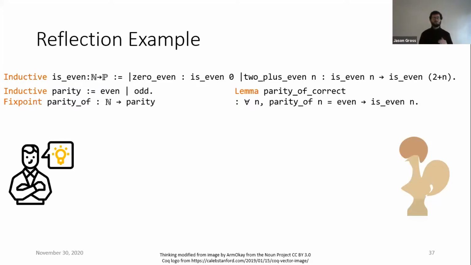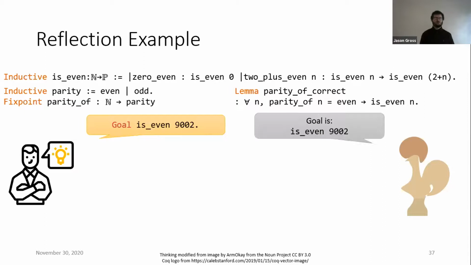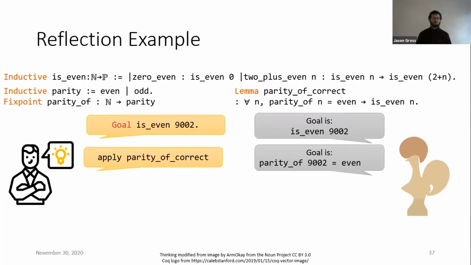And once you've done all of this upfront work, now the workflow goes much more quickly for proving things. Again, lightbulb man says, my goal is that 9002 is even. Coq says, cool, that's a valid goal. Now lightbulb man says, just reduce this to validating the output of a computation. And Coq says, cool. What you need to do is show me that the output of computing the parity on 9002 gives even.